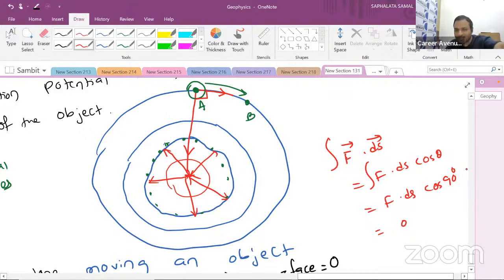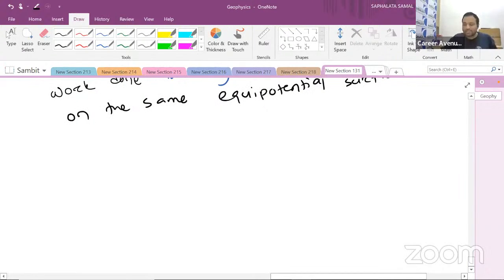I often give this funny example of you lifting the gas cylinder and walking on the floor. The work done is 0 because the force is upwards and the displacement is 90 degrees horizontal. So this is why moving along the equipotential surface, my work done is 0.